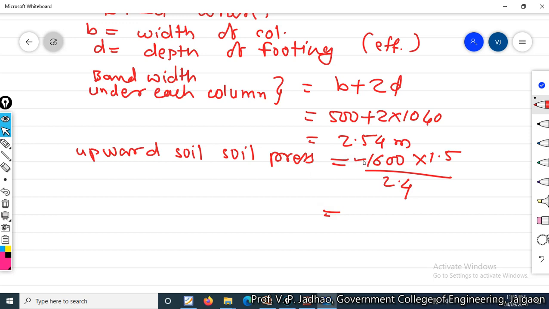This 1600 is the load on your column. Therefore the transverse load comes out to be 1000 kilonewton per meter.